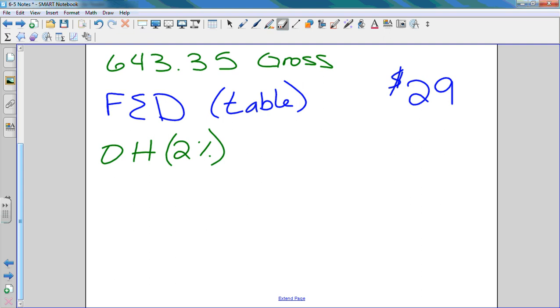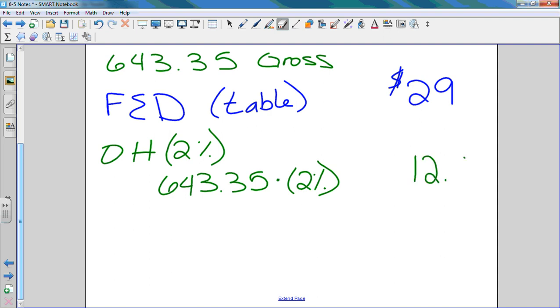How much is this guy going to have to pay to the Ohio government? We take 643.35 times 0.02. How much is coming out for state? $12.87.